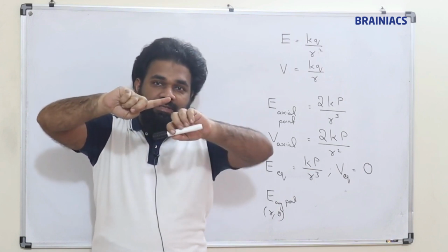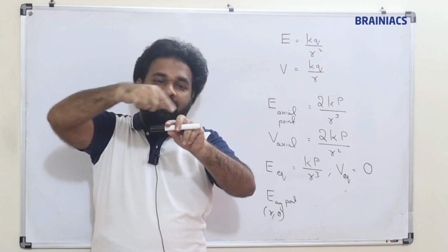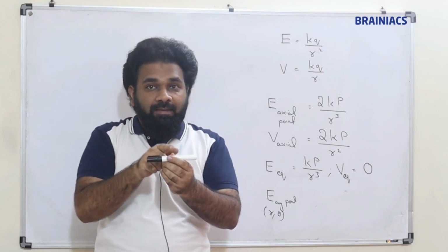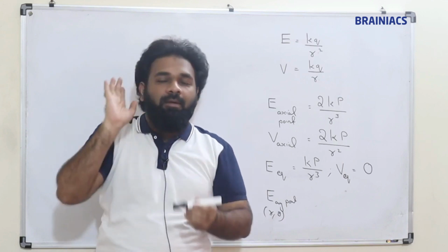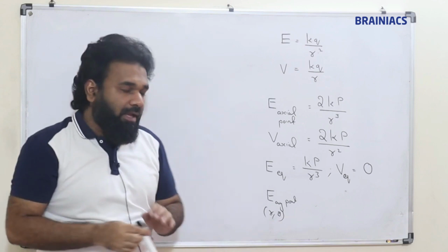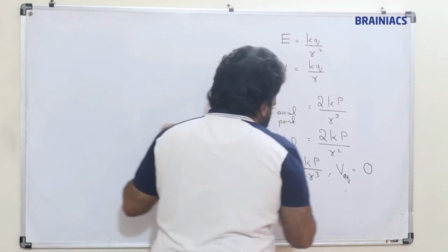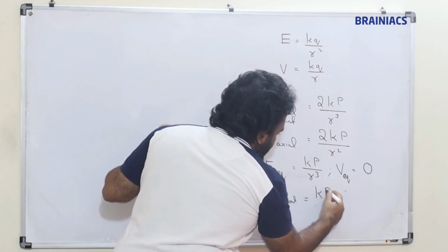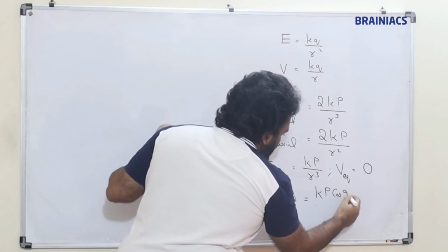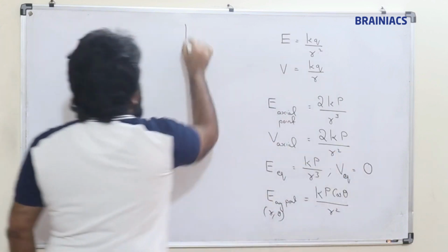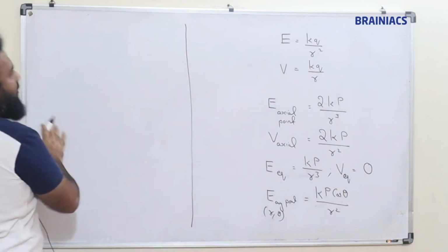If we change this, and if they are putting theta here, things will be different. We should take theta from the direction of the electric dipole moment as well as the magnetic dipole moment. We should be very careful regarding this. So at any point will be what? Kp cos theta divided by r square. So everything will come here the same way.